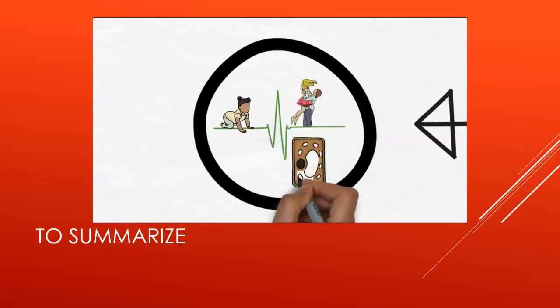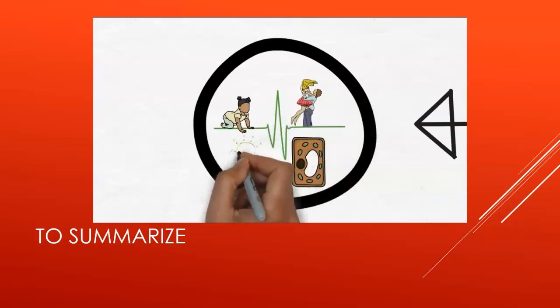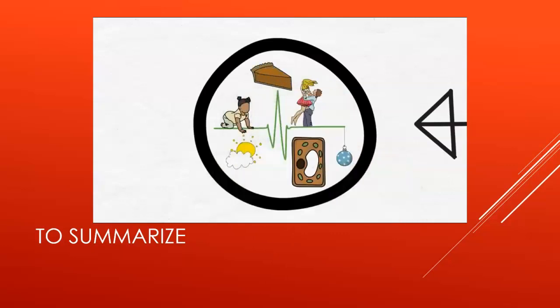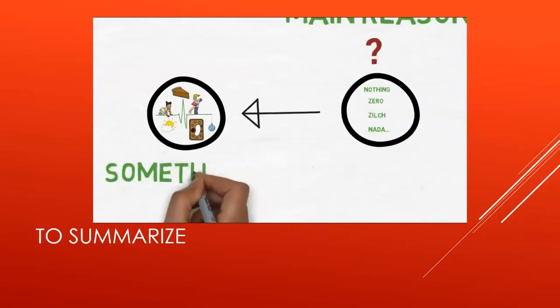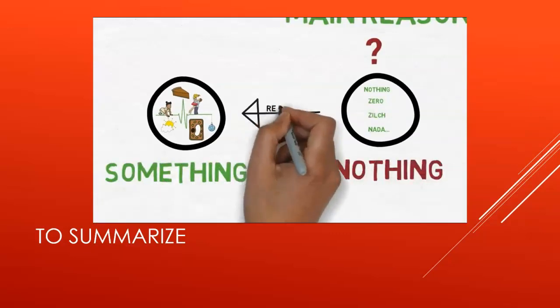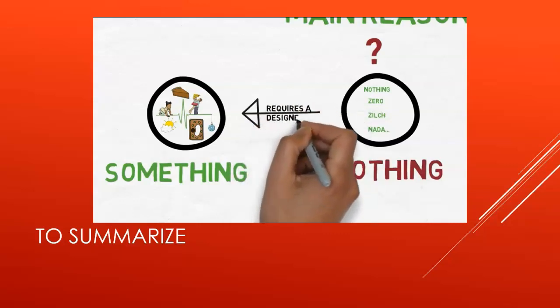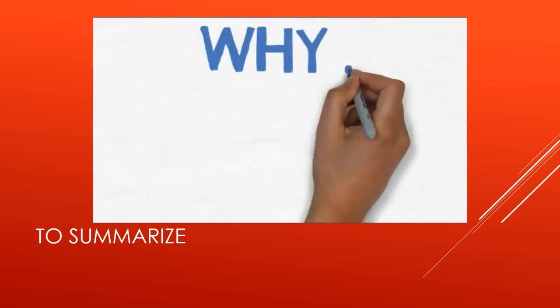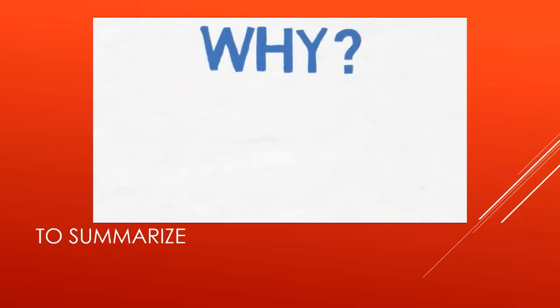And there was life, and babies, and happy loving couples, and plants, and indeed the entire solar system, Christmas decorations, and of course our favorite cheesecake. Something came from nothing. And this process requires a designer. This process cannot happen by chance.